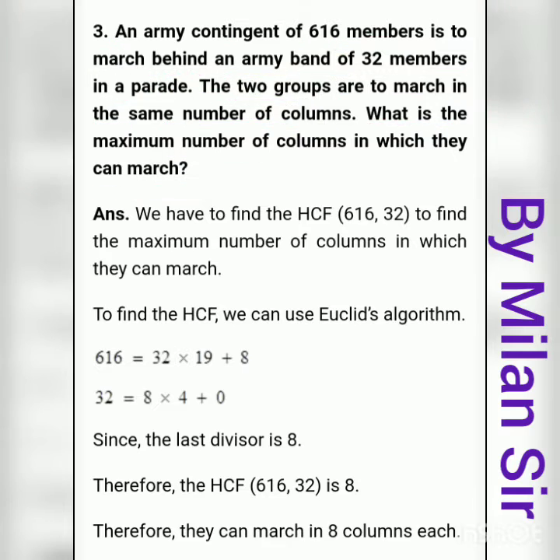Here in total we have two groups, right? One army contingent of 616 members, and the second group is the army band of 32 members. Now we need to divide these two groups into the same number of columns. That means if we select the number of columns equal to 4, then first of all we need to arrange the army contingent.